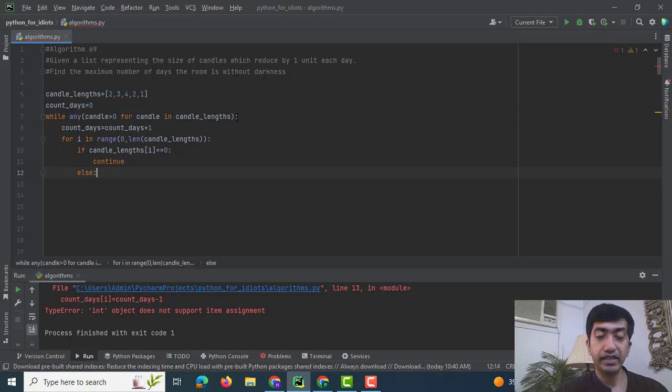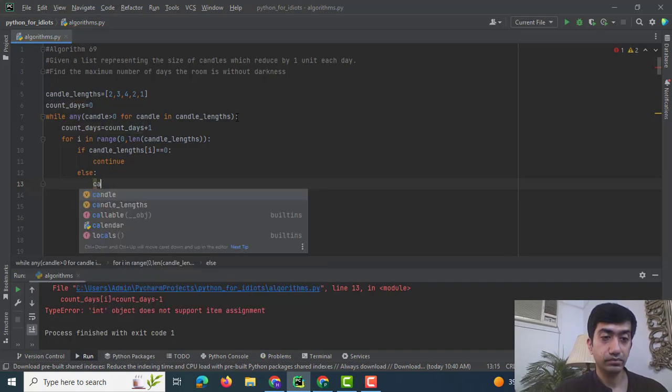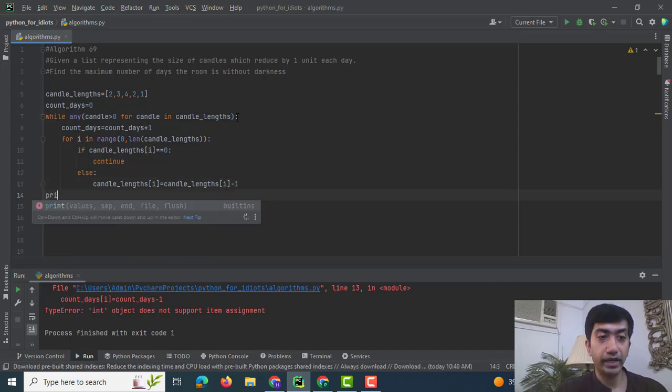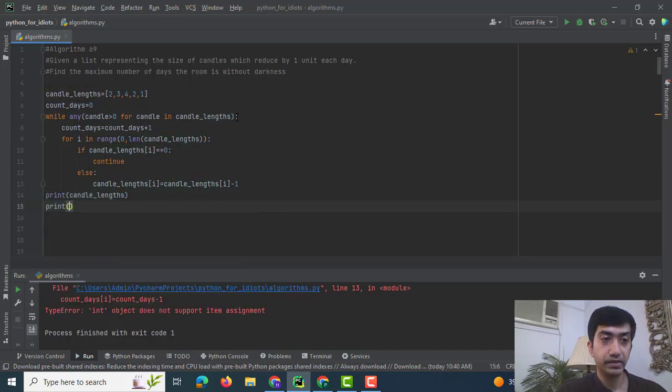Otherwise, if the candle length has not returned to 0, then I would reduce its size by 1 unit. Once out of the while loop I would print candle lengths and I would print count days.